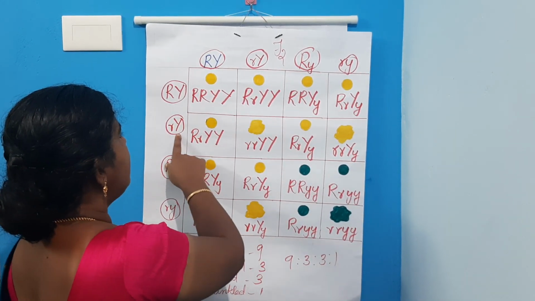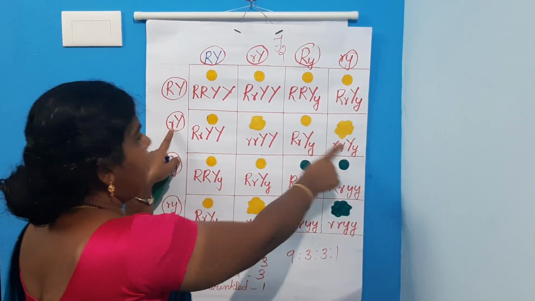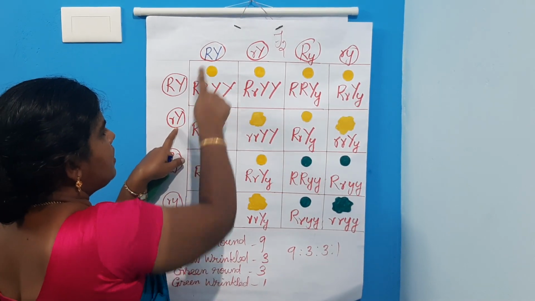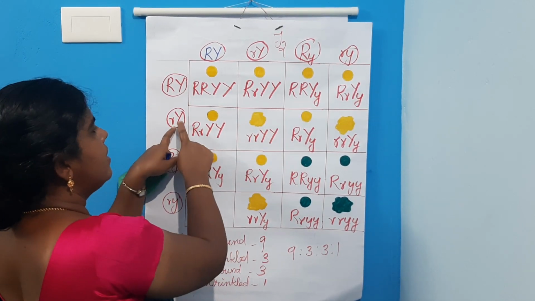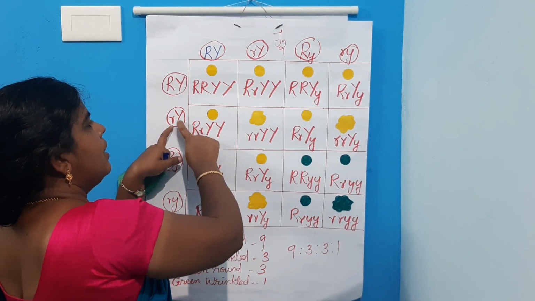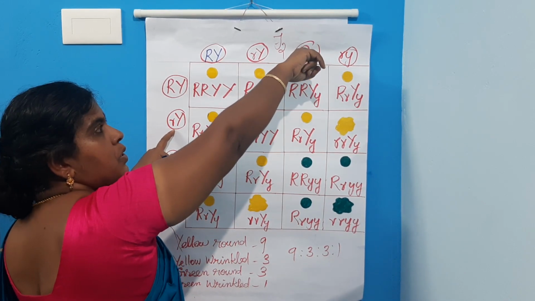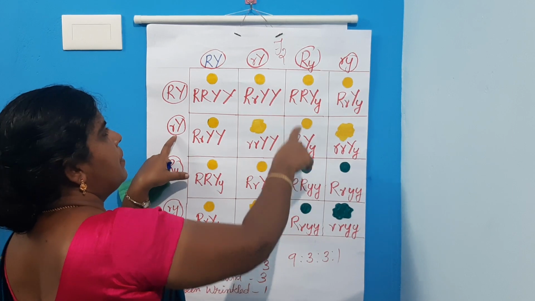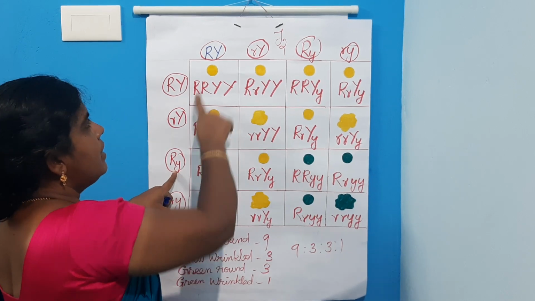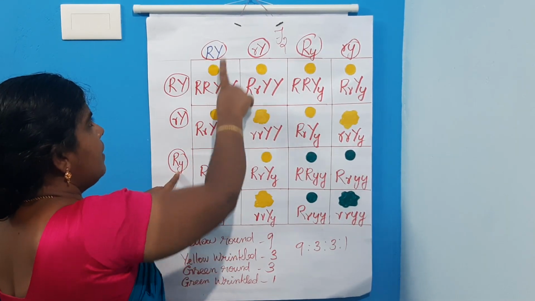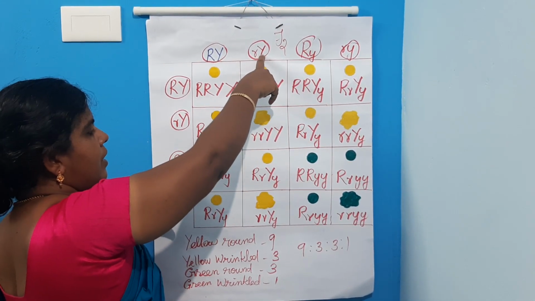Here also, all the gametes fuse and we write down the hybrids: capital R, small r, capital Y, capital Y. Then small r, small r, capital Y, capital Y. Then fusion of these two gametes results in this hybrid: capital R, small r, capital Y, small y.